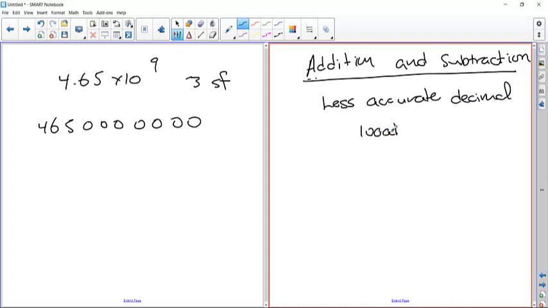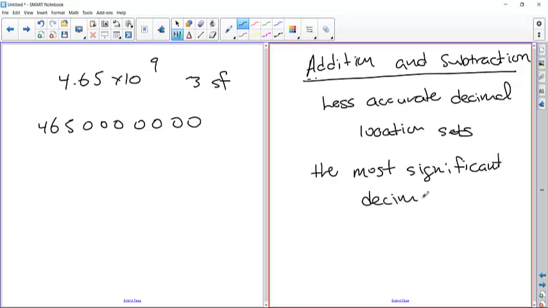So what I mean by that is the ones place, the tenths place, the hundredths place. And you use that least accurate decimal location to set the accuracy of the final answer. So the least accurate decimal location sets the most significant decimal in the answer.